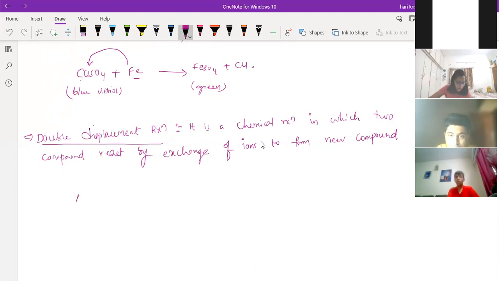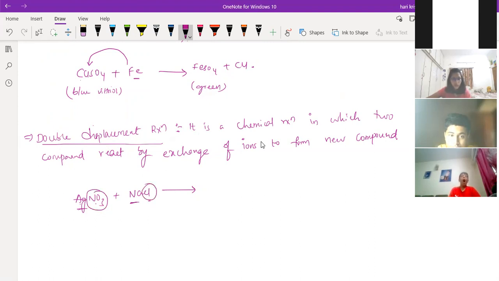Suppose you take AgNO3 and NaCl, what will happen? NaNO3 and AgCl. Suppose you take Ag and Na as the metals. So Ag is attached to the NO3 and Na is attached to the Cl. Now these two compounds will interchange their ions.